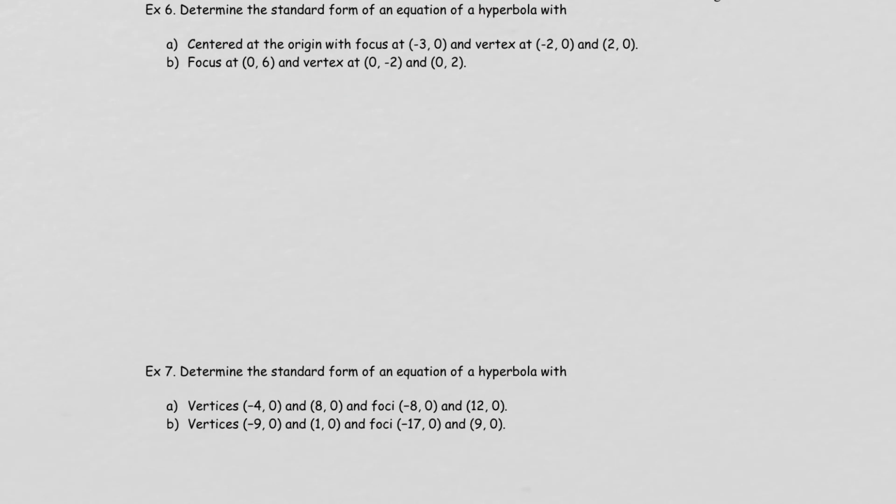Now, if we try example 6, this time we should be able to do it backward. With the information, we wanted to find the standard form of the equation. This standard form means the graphing form is what they're talking about, right? Graphing form of hyperbola. So knowing this, what we're looking for makes it a little easier. Because it says the center is at the origin, it means you're going to have 0, 0.